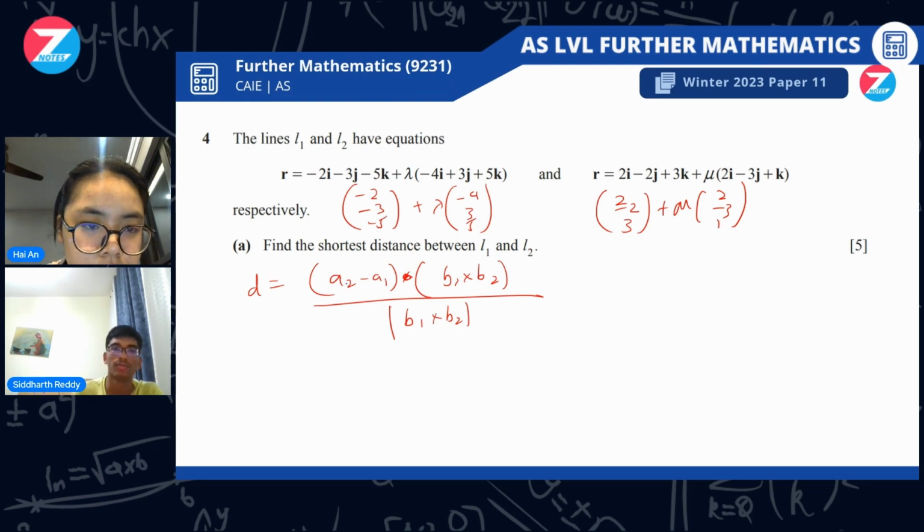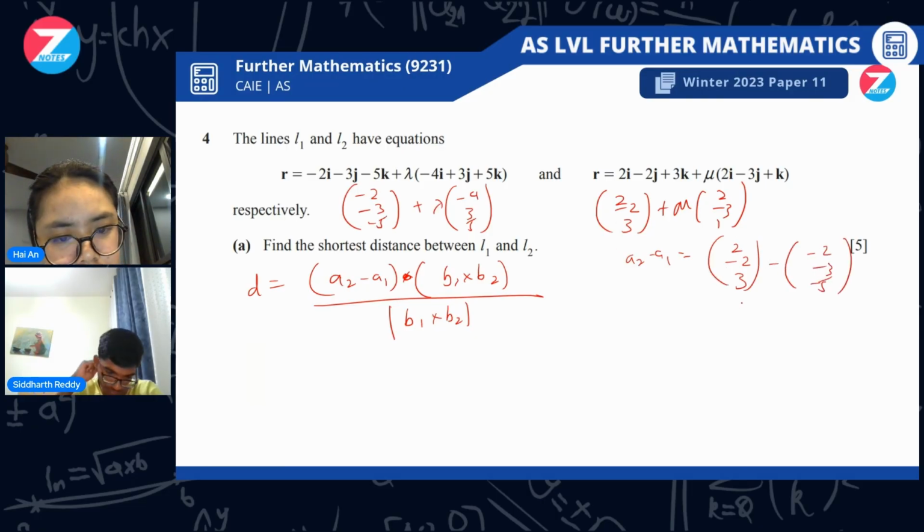So let's find out A2 minus A1. So A2 and A1 over here stand for the fixed points on the line. So A2 minus A1 is just going to be 2 minus minus 2, 3 minus minus 3, 3 minus minus 5. It's 4, 1, and okay, it's 8.